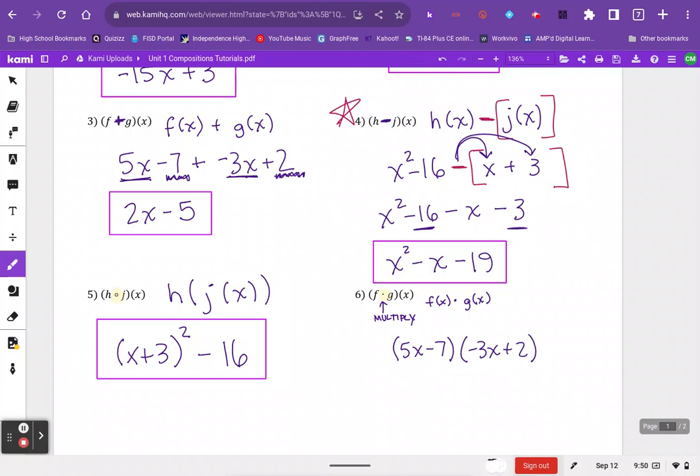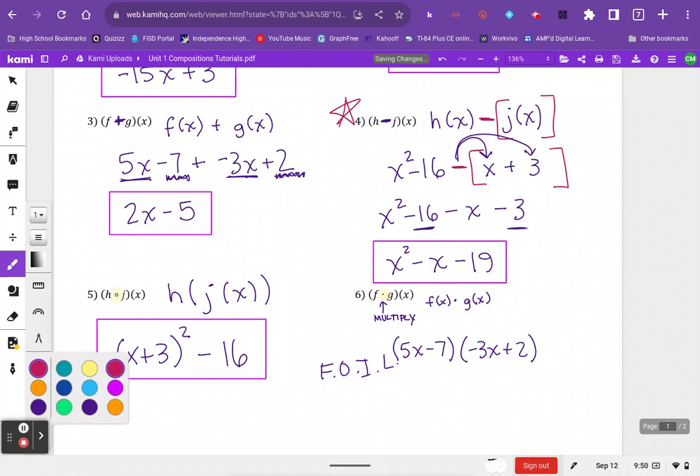Okay. The way we multiply these two binomials is by FOIL: first, outer, inner, and last. So the first terms I multiply, I'll get negative 15x squared. Outer terms, inner terms, and then last.